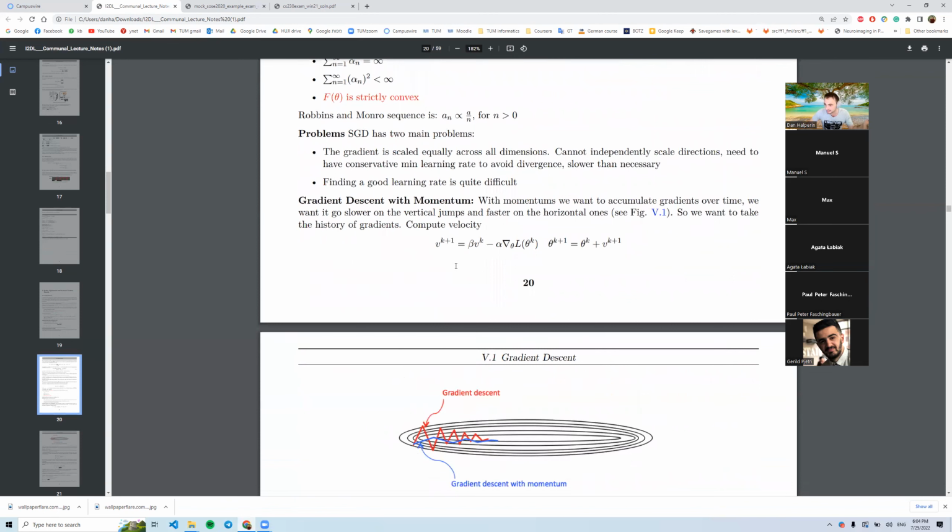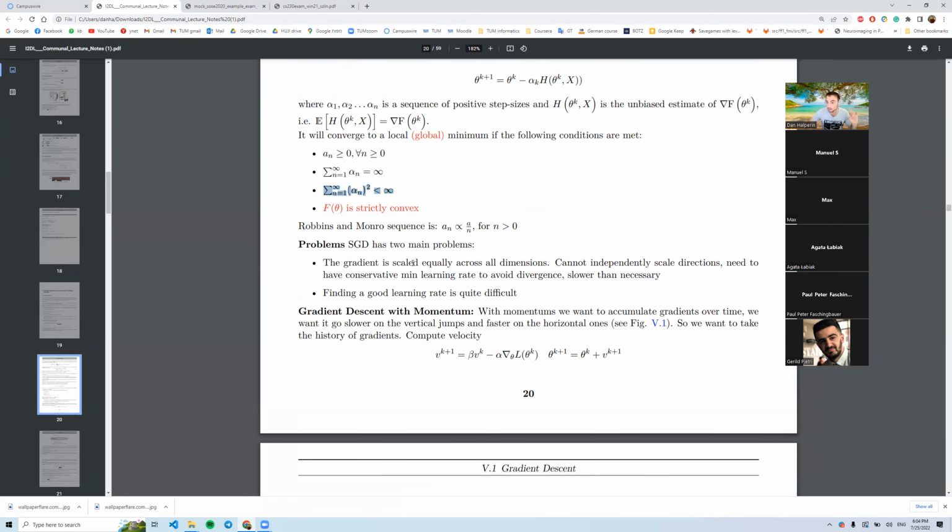Agatha is asking, there was a discussion on Telegram, but will SGD with the optimal learning rate for sure converge to the global minimum for convex problems? Yes, but it has to follow this one.